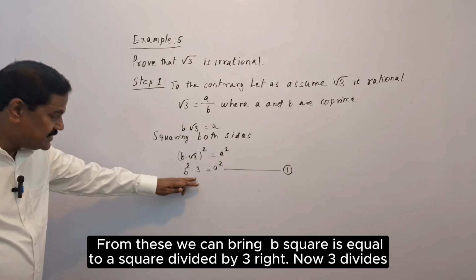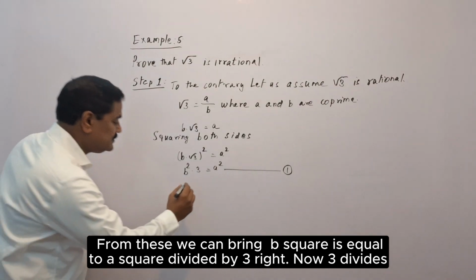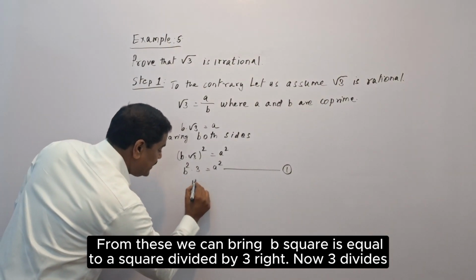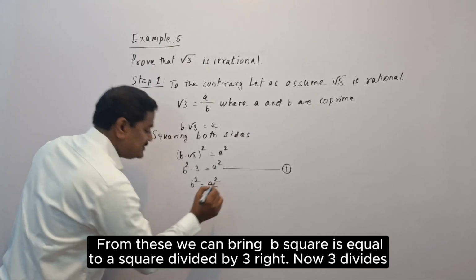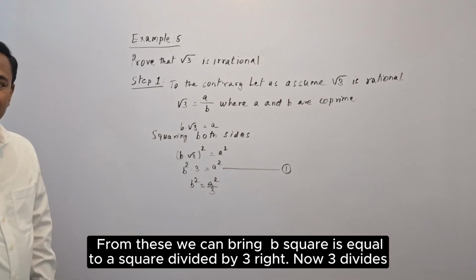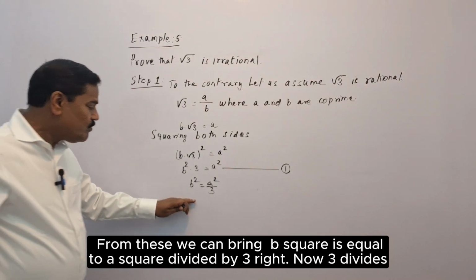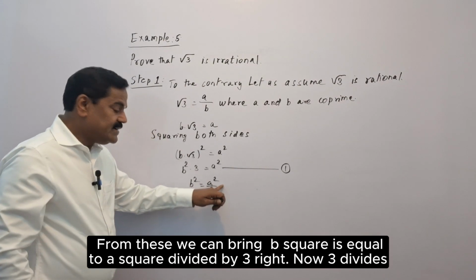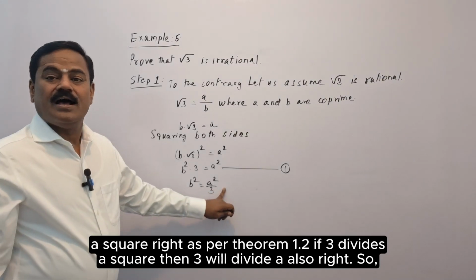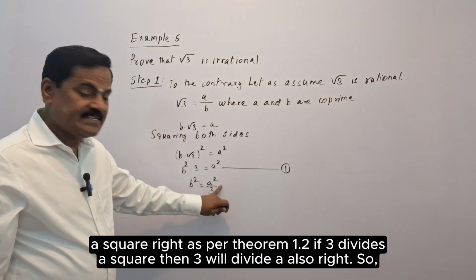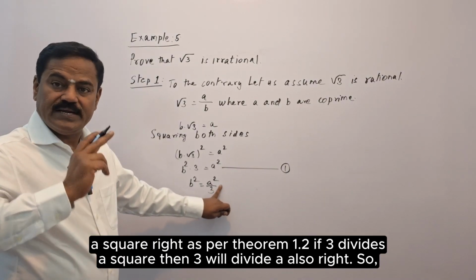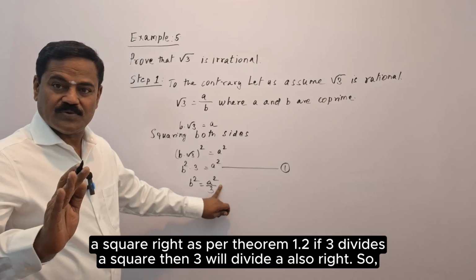From this we can write b square is equal to a square divided by 3. Now 3 divides a square. As per theorem 1.2, if 3 divides a square, then 3 will divide a also.